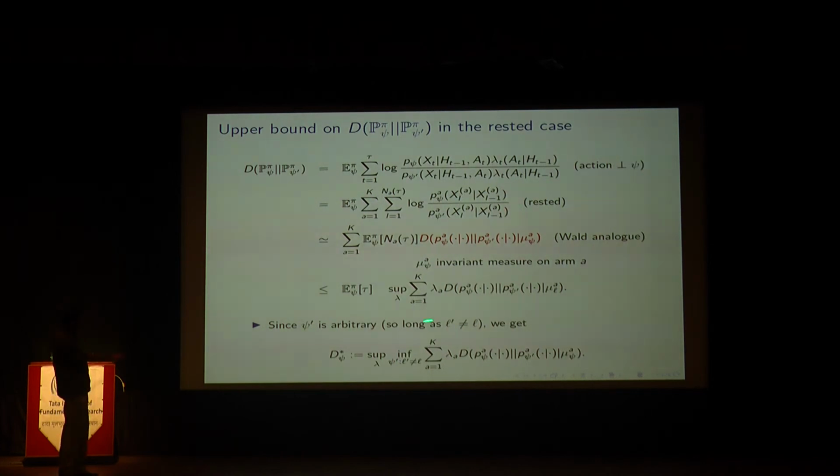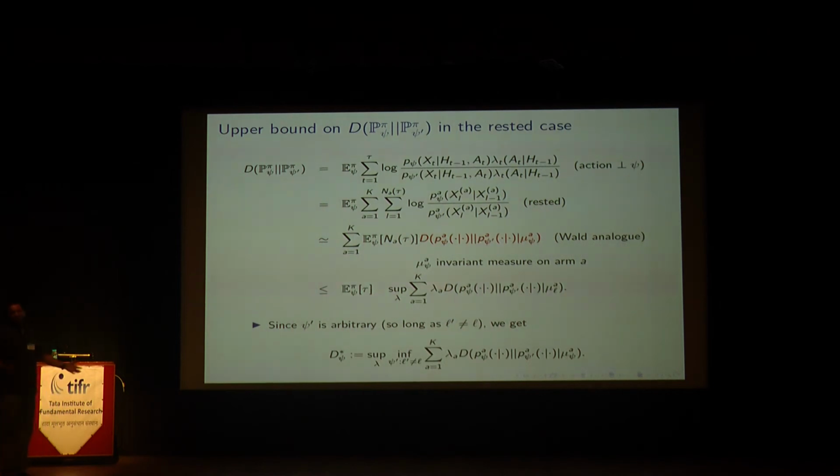What one can arrive at is that there is an adversary who chooses a psi prime with the odd arm being at a different location compared to yours. He also has the flexibility to choose the parameters in whichever way he wants, so long as P prime is different from Q prime, and you should be able to cover for that. Okay, so that's the interpretation of this particular information bottleneck.